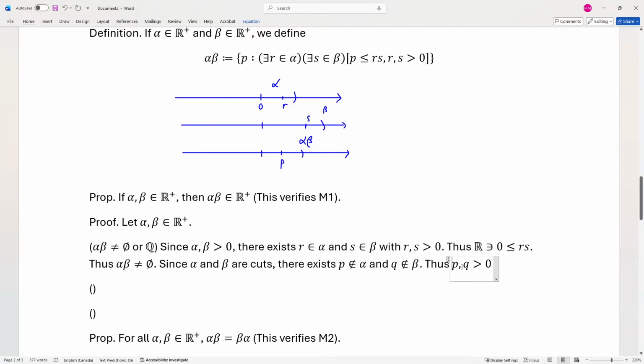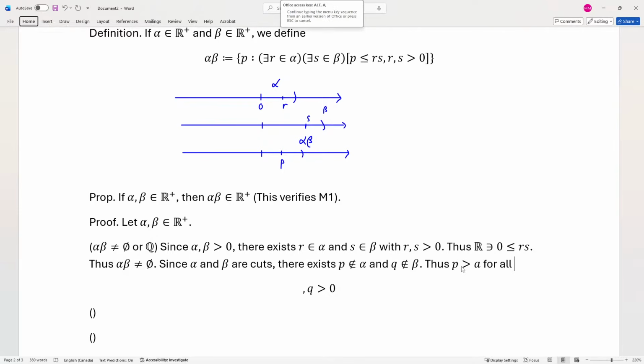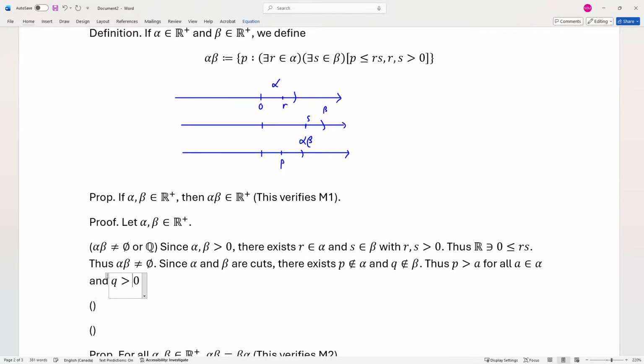So P is greater than A for all A in alpha, and Q is greater than B for all B in beta. Thus PQ is greater than all S in the set alpha times beta.